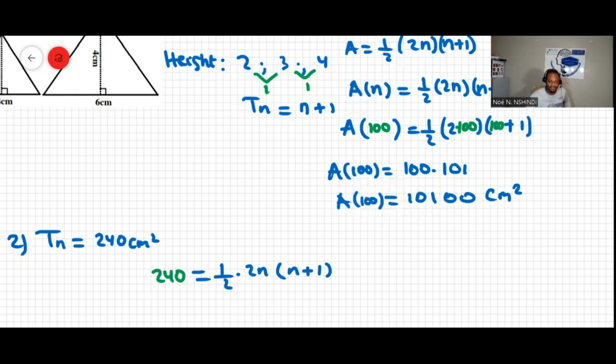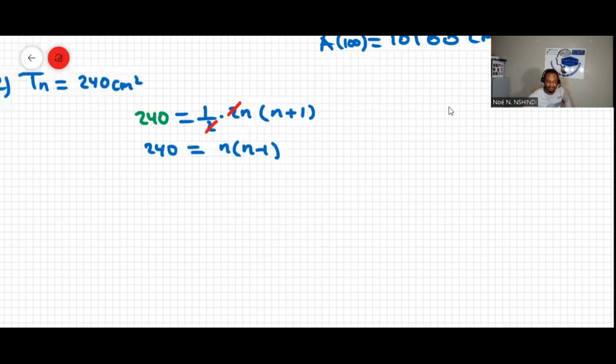We can even simplify this. This would be like 240 equal to n times n plus 1. And then that makes 240 equal to n squared plus n.